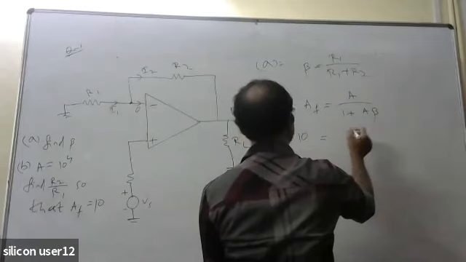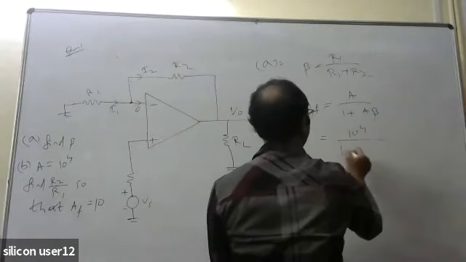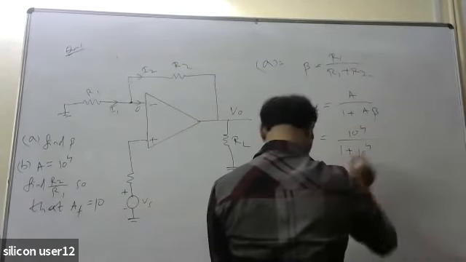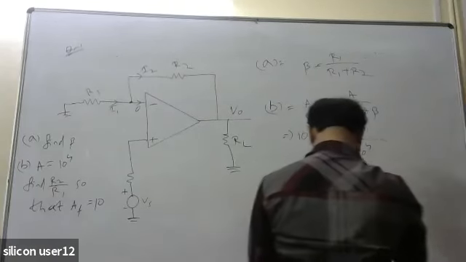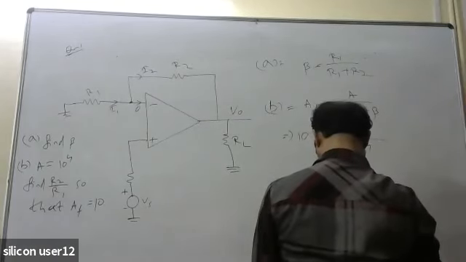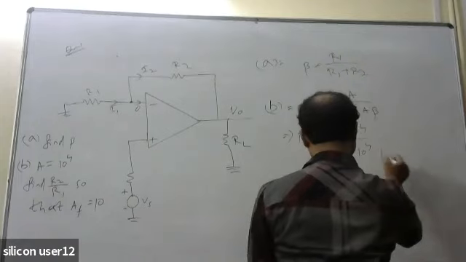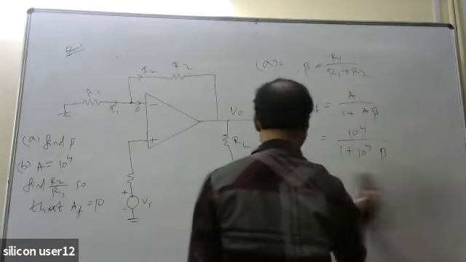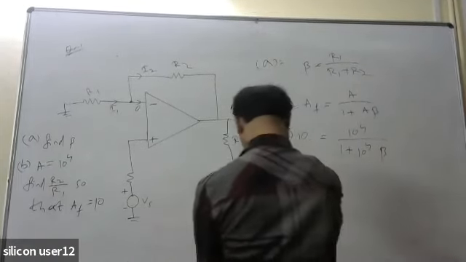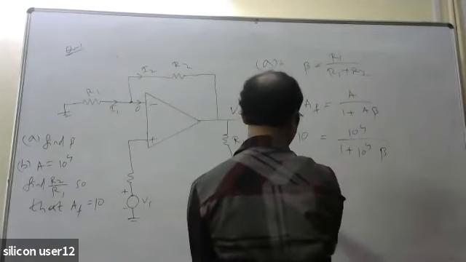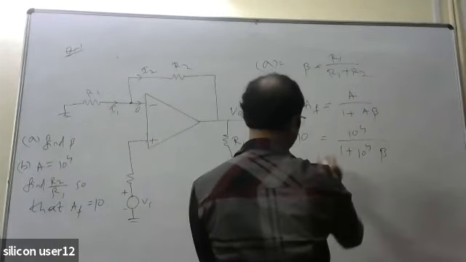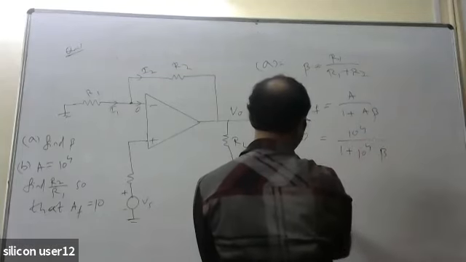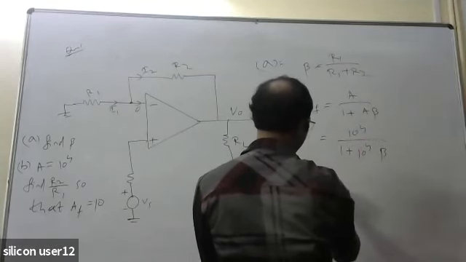Just put those values in this formula. AF equals 10, A is 10 to the 4, so 10 equals 10 to the 4 divided by 1 plus 10 to the 4 beta.